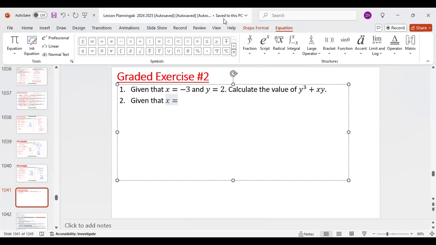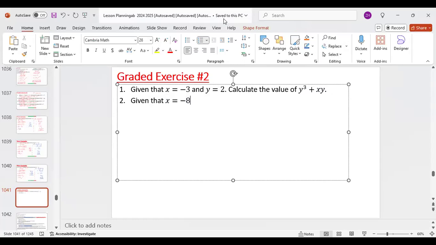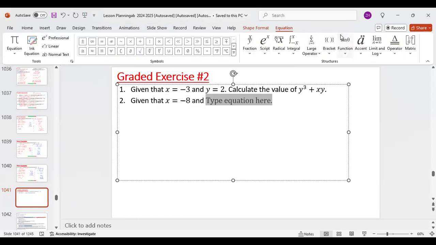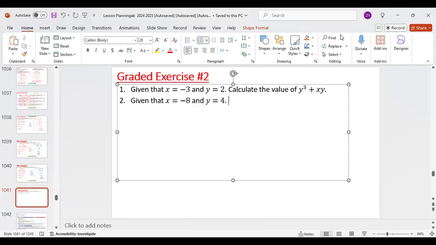Let's say that x is equal to -8, and y is equal to, let's say, 4. Calculate the value of that.